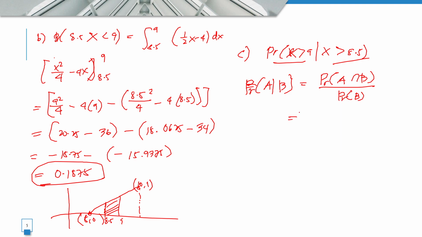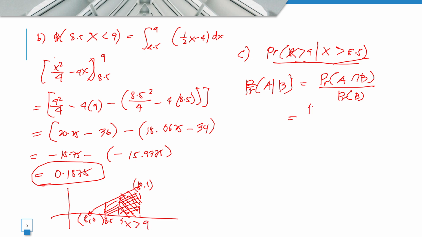So in this case, we could write this as the probability of the intersection of greater than 9 and 8.5. If we're going to have the intersection here, 8.5 and going to 9 here. So the intersection is going to be x is greater than 9.